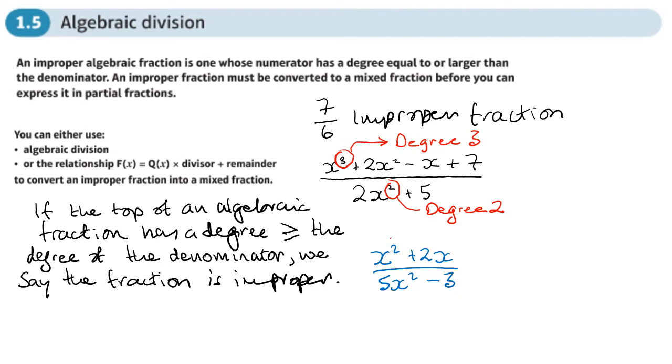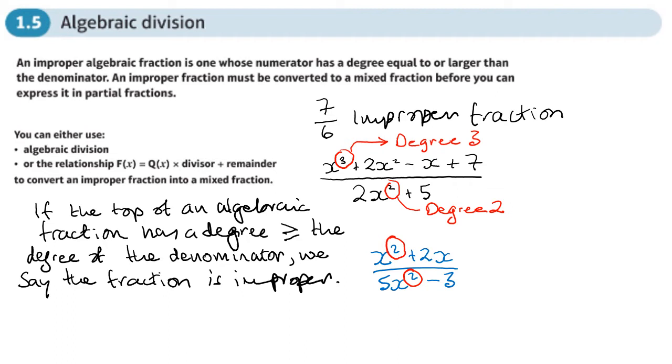Even though you think, well, how can it be improper? Let's leave it like it is. You might think, well, the top is smaller than the bottom. There may be some values of x for which the top is bigger than the bottom. But the rule says, even if the degree of the top is the same as the bottom, it's improper.